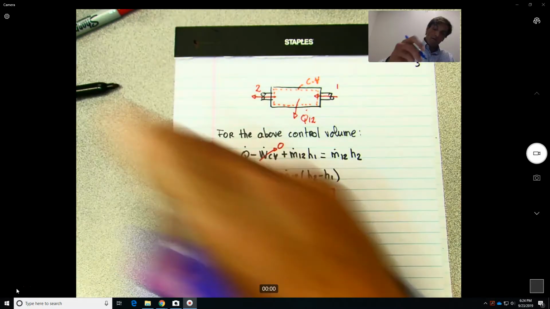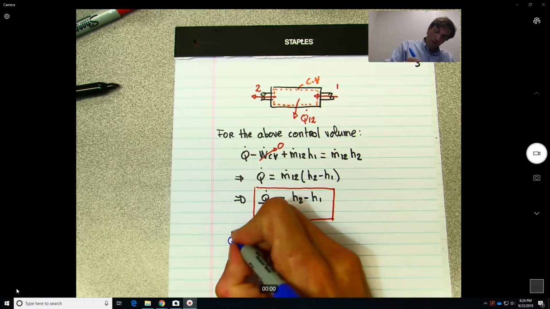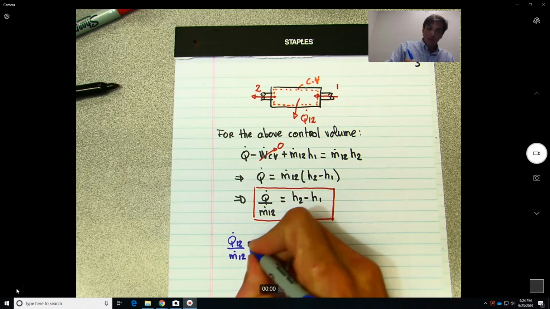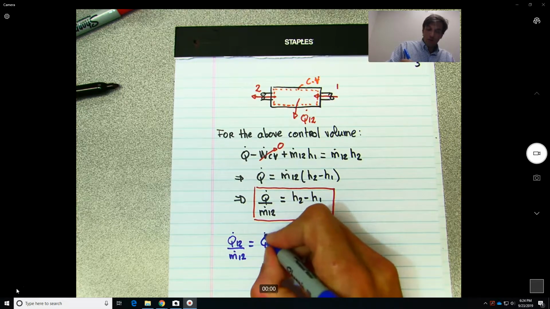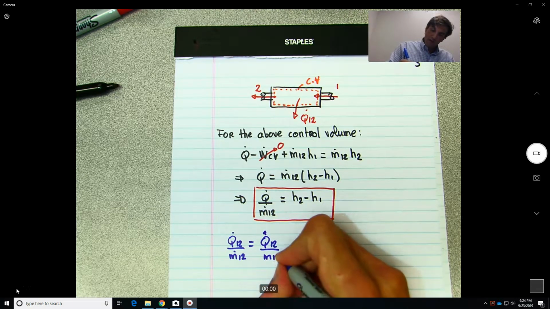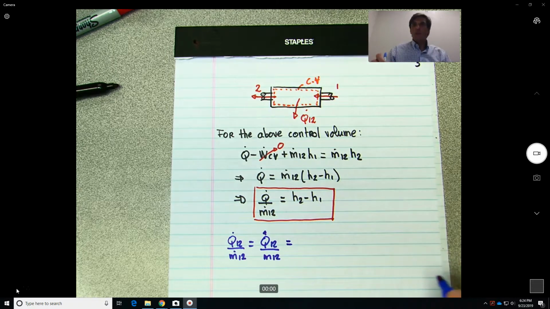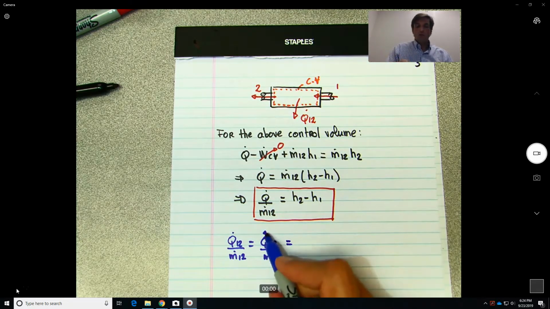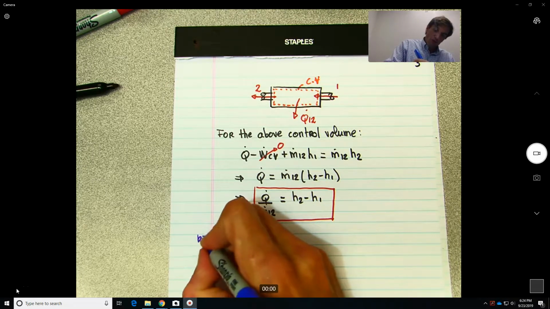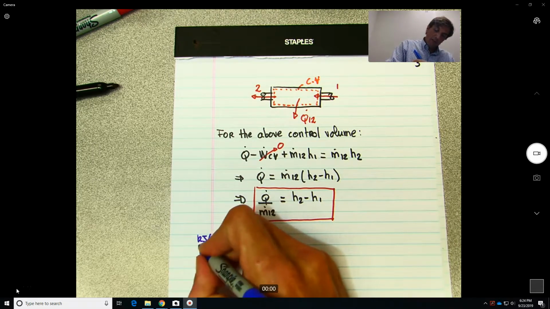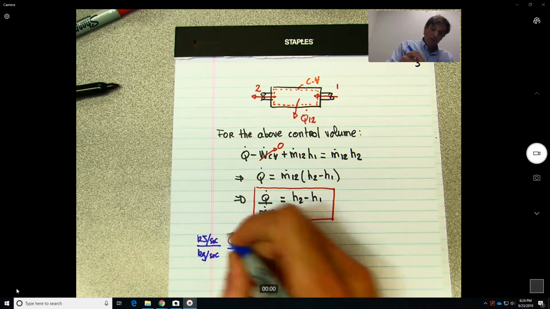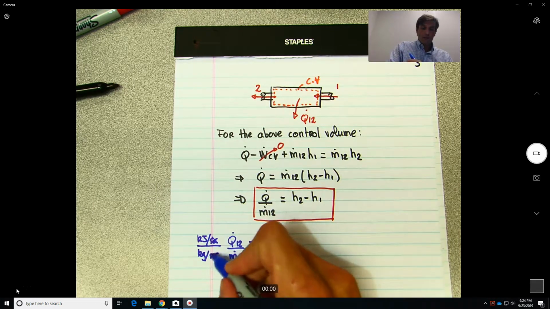So if we solve, what do we have? Q12 over M12. Really, the units of time cancel out, so we don't need the dot. Because this will be kilojoules per second, and this will be kilograms per second, so this will cancel out.